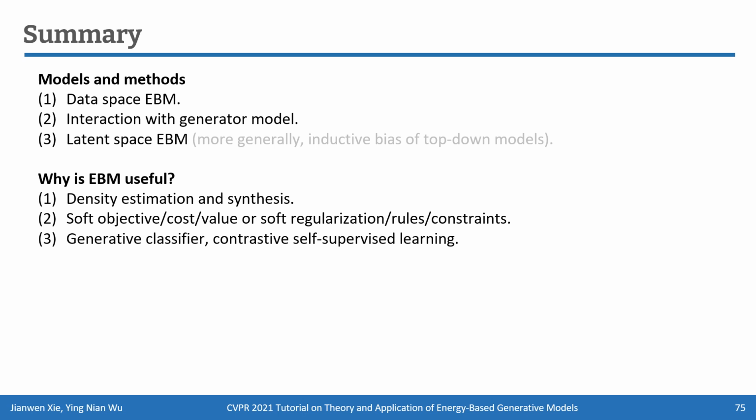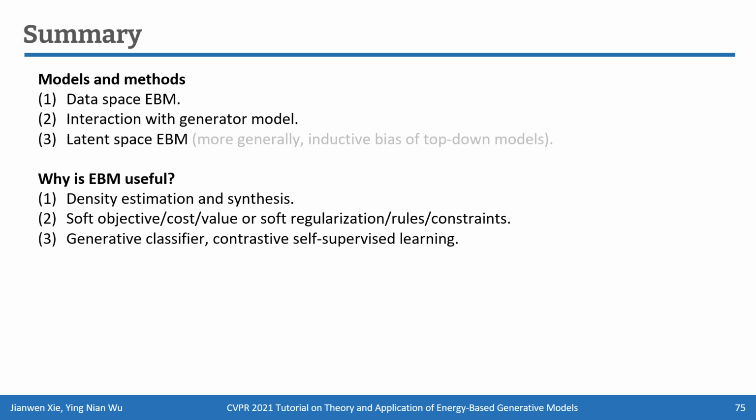So it can generate very realistic images, especially because on top of the generator in the cooperative training, there's also a refinement process guided by a learned energy function or objective function. And you can think of this energy function as capturing the soft objective or cost or value, or capturing the soft regularization or rules or constraints. So here by soft, I mean probabilistically. So it's not deterministic, it's probabilistic.